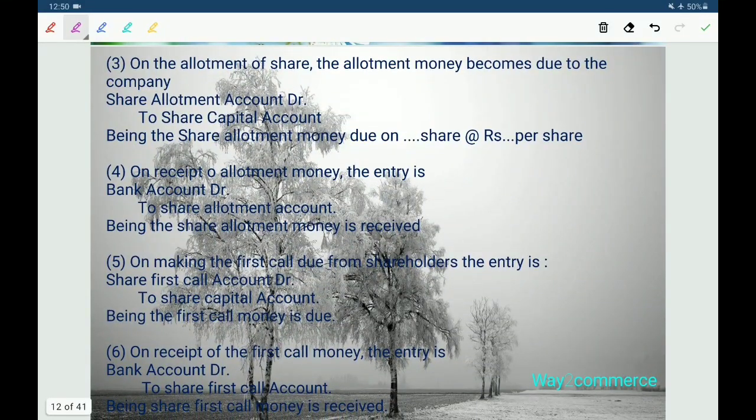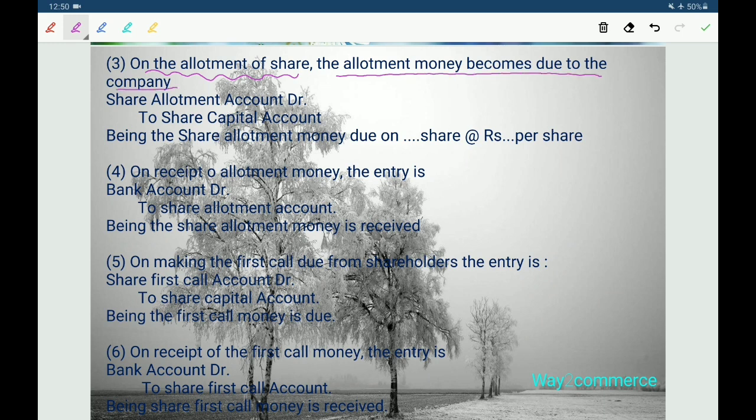Next, third entry on the allotment of shares. It is the original allotment of shares, and the allotment money becomes due to the company. On allotment and share first call, share final call, first of all we have to make the due entry, after that the receipt entry. So on the allotment of shares, the allotment money becomes due to the company.